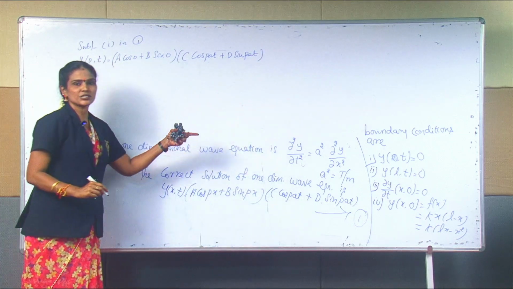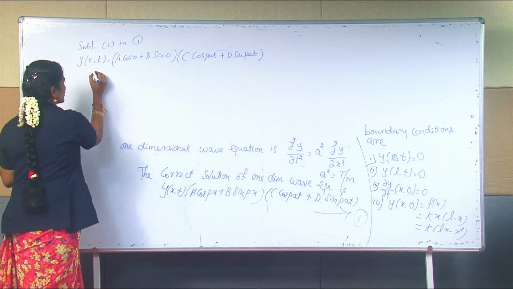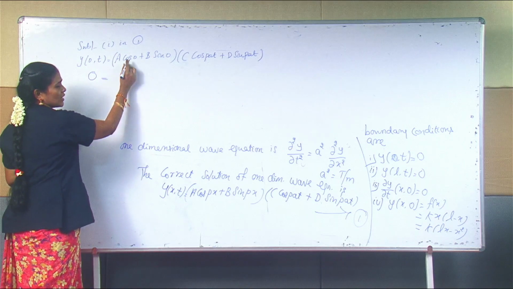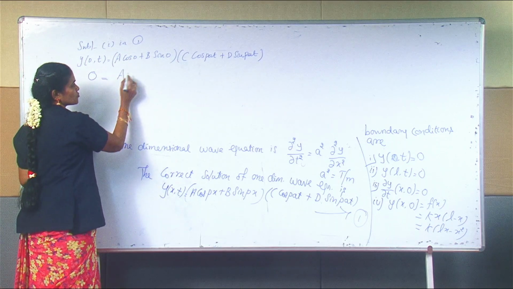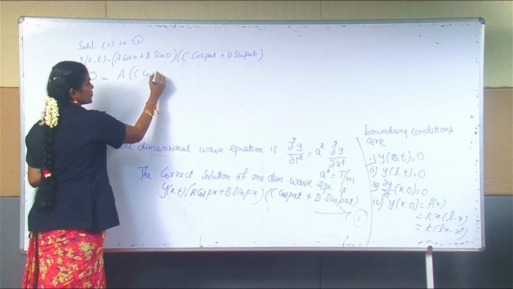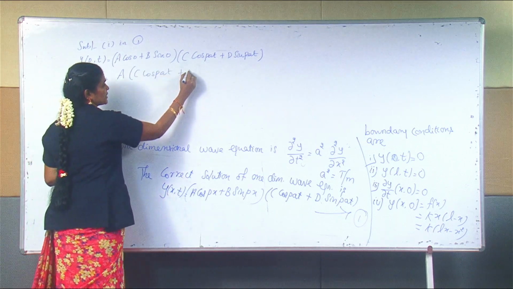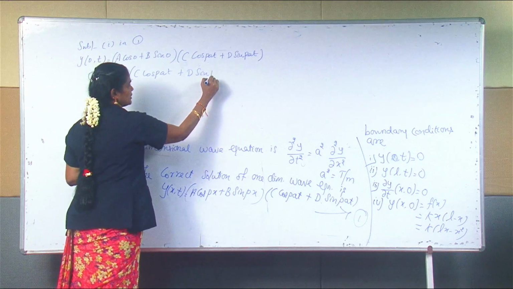By the boundary condition, y of 0 comma t value is 0. Cos 0 value is 1, so a; sin 0 value is 0, so a into (c cos pat plus d sin pat).